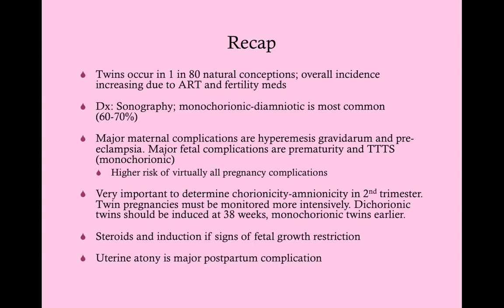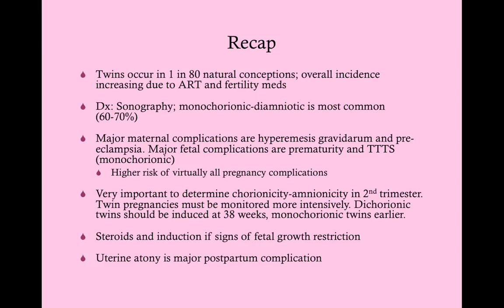There's a higher risk of virtually all pregnancy complications when you have twins, and that goes for monozygotic or dizygotic twins. Very important to determine the chorionicity and amnionicity before the second trimester, so 10 to 14 weeks. Twin pregnancies need to be monitored more intensively.